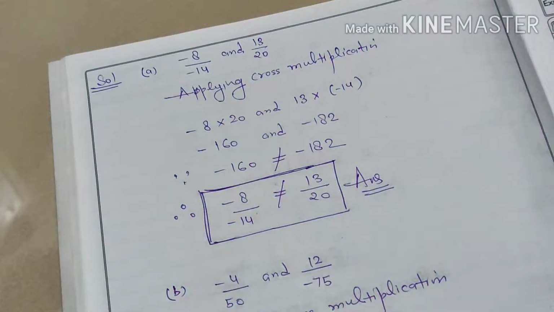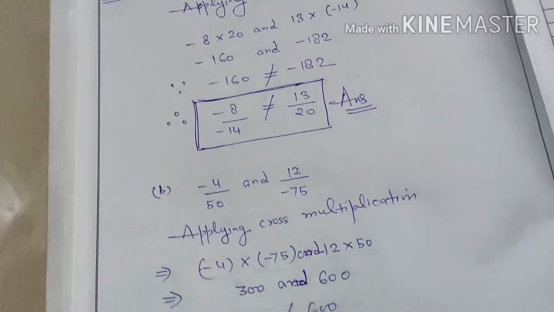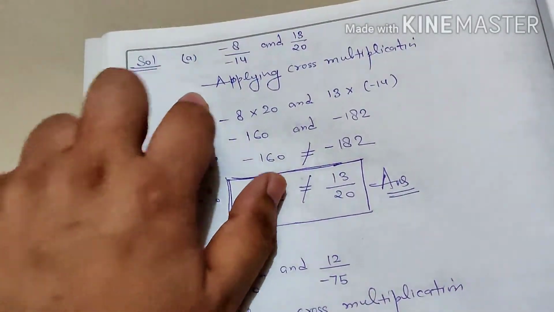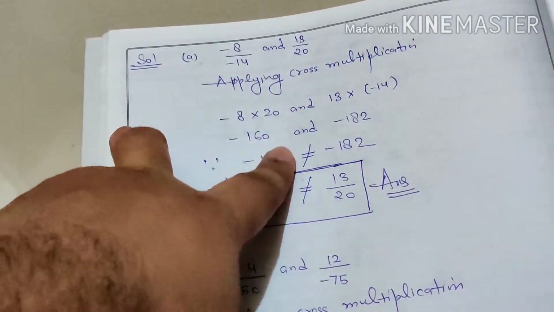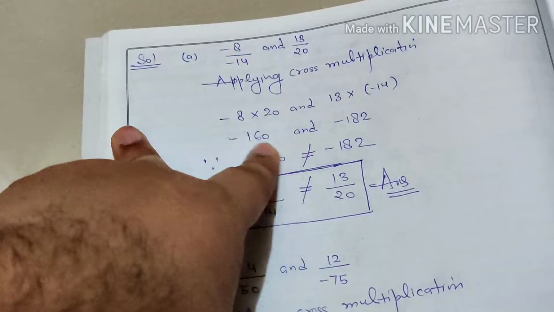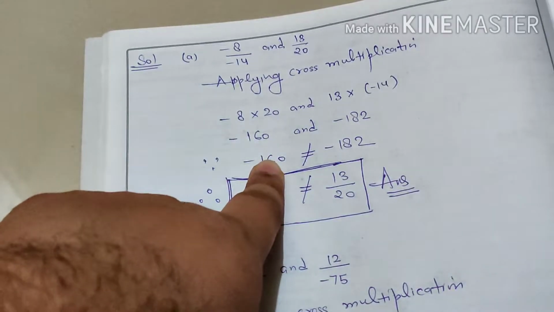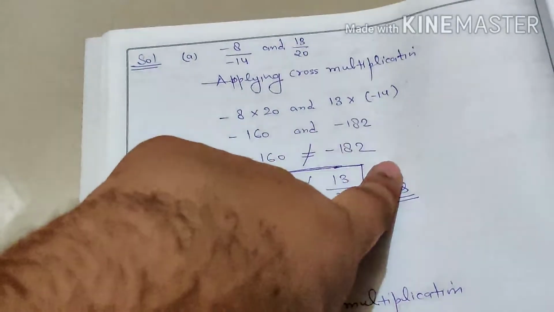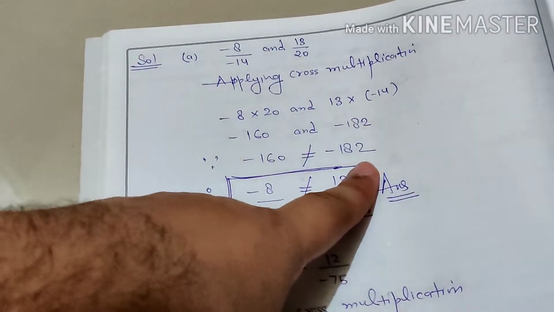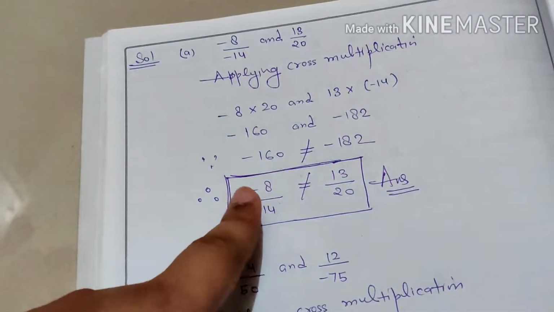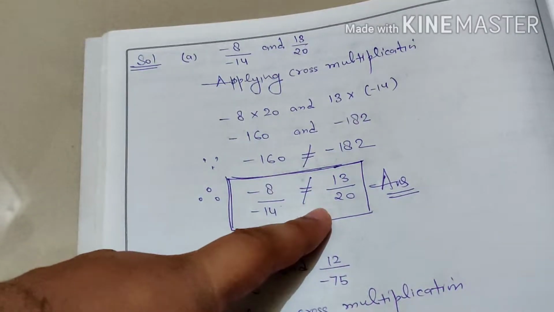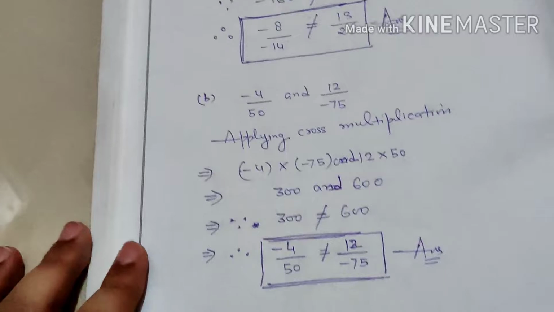I hope this is a very easy question. You have to cross multiply, and if the two sides, LHS and RHS, are equal, then we say they are equal. If not, then these two rational numbers are not equal.